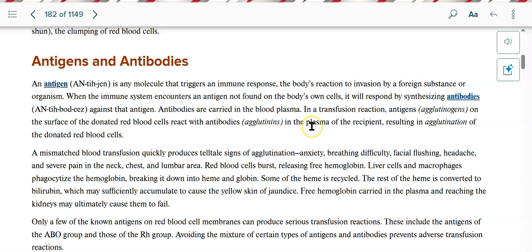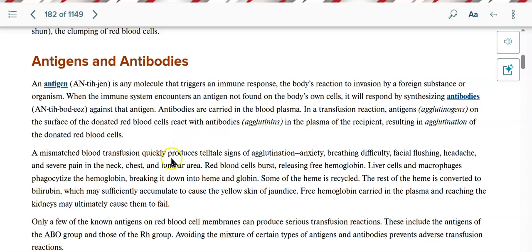And that can result in agglutination, or gluing together, of red blood cells. Now, note the distinction. Agglutination is not clotting. There is no fibrin involved, and remember that fibrin was the key to forming a clot. This is called agglutination, and the antibodies will act like glue to stick the red blood cells together.